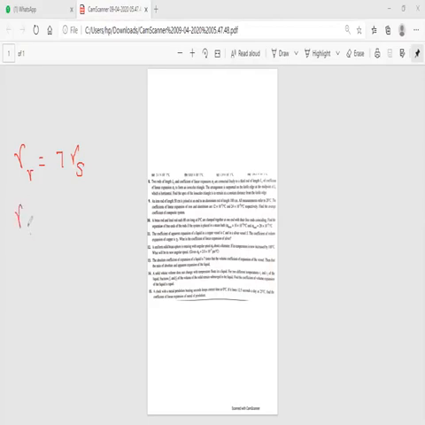Gamma real is nothing but gamma apparent plus gamma s actually. So if you substitute the first equation in the second equation, in place of gamma r you can write 7 gamma s equal to gamma a plus gamma s. And finally gamma a can be written as 7 gamma s minus gamma s, which is 6 gamma s.